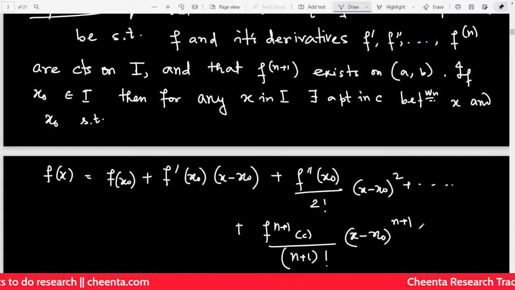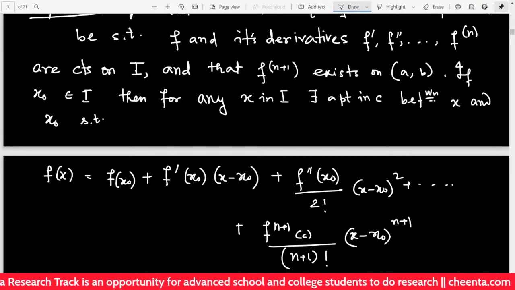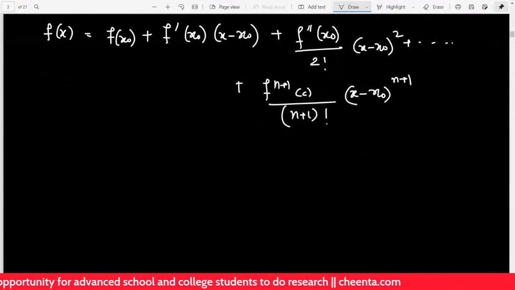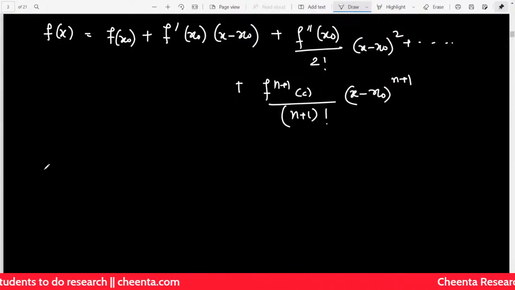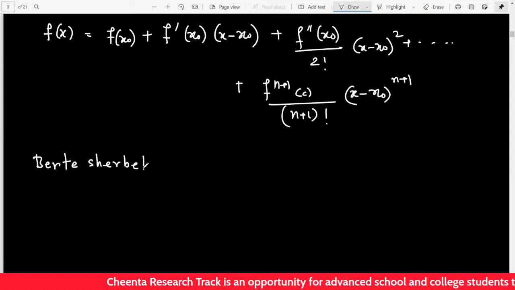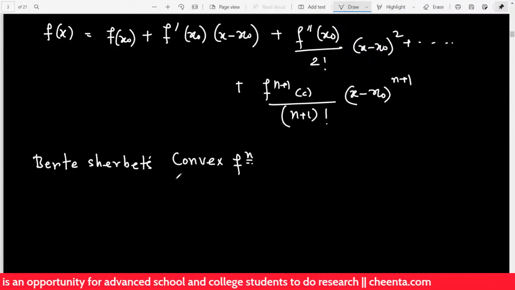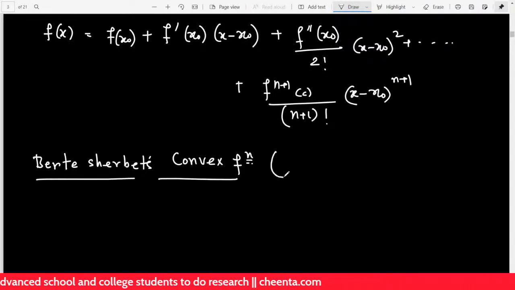Now the applications of Taylor's theorem are, I mean, huge. In the syllabus of IIT JAM, there is not that much given, but I would request you to go through the Bartle-Sherbert's convex function chapter, on page 187.